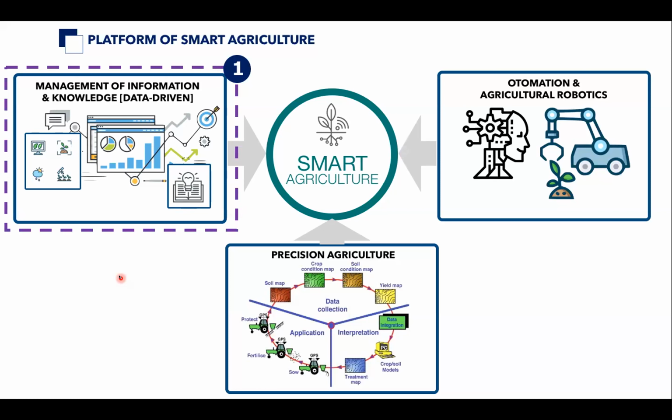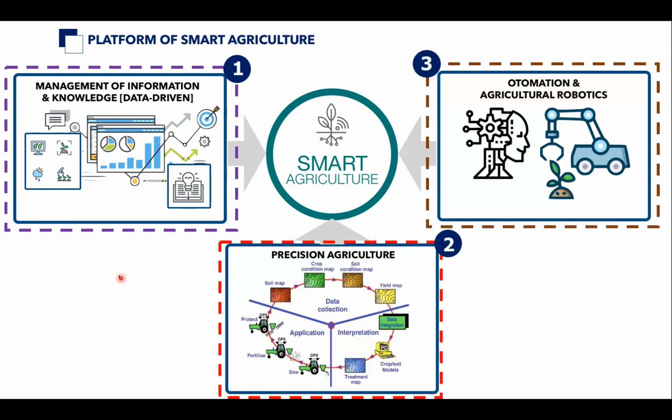And then the second is precision agriculture. The last is automation and agricultural robotics. So if we develop smart agriculture, we go step by step.